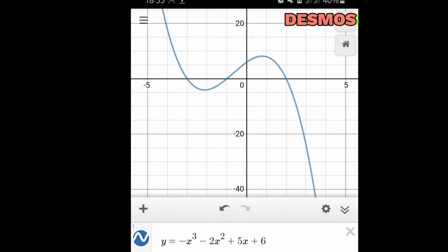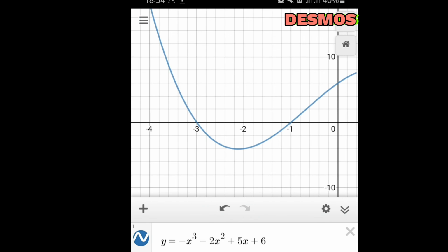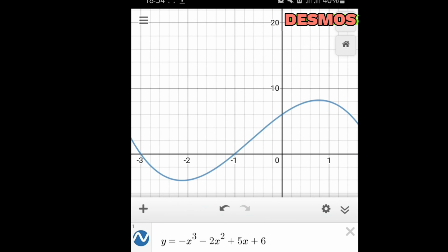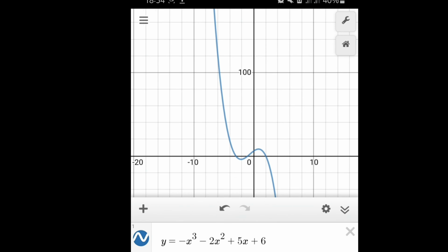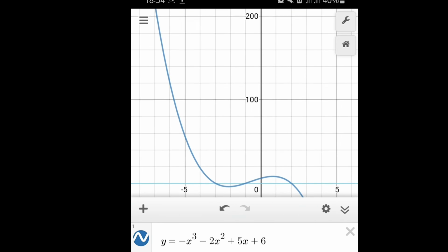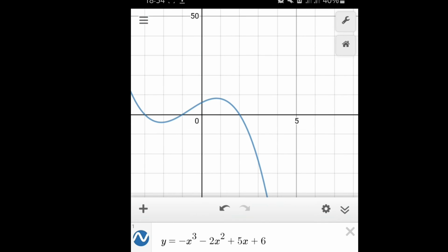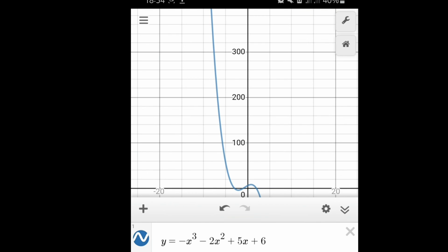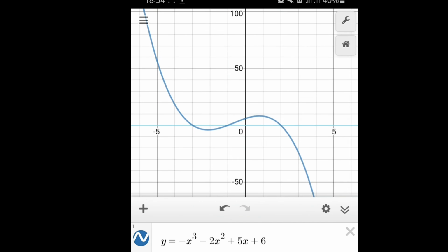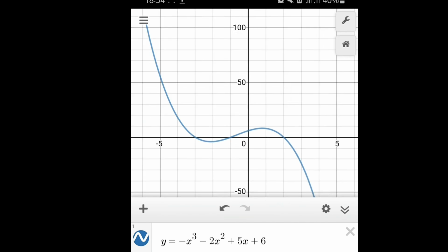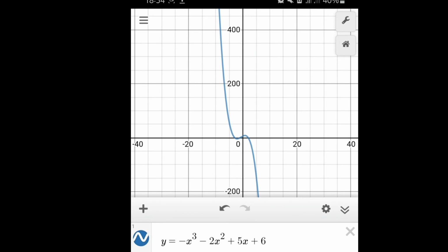So, look, the x-intercepts are at negative 3, negative 1, and then 2. So, first, look here. If negative 4 is here, it is not very clear. But if you just do it like this, it is really possible. You can use this one. See where it touches our x-axis. But, you can really solve this. So, I hope it helps you a little.